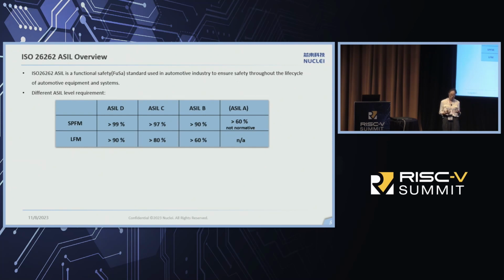From Part 5, Clause 8, we know SPFM and LFM are the two important quantitative metrics to define the ASIL levels from A to D. D is the most strict level. For SPFM, we need a minimum of 99%, and for LFM a minimum of 90%.